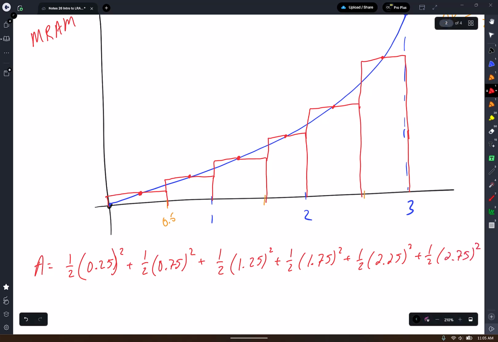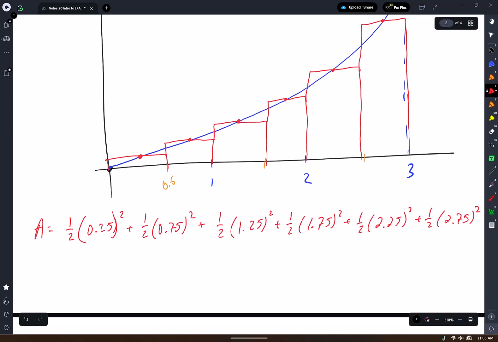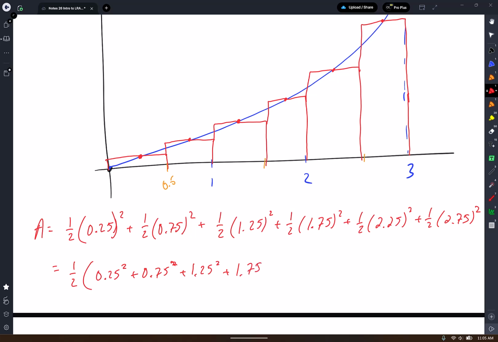That's all 6 rectangles: 1, 2, 3, 4, 5, 6. Yep, you can factor out the half again and probably do this: 0.25 squared plus 0.75 squared plus 1.25 squared plus 1.75 squared plus 2.25 squared plus 2.75 squared. Does anyone have an answer for that?